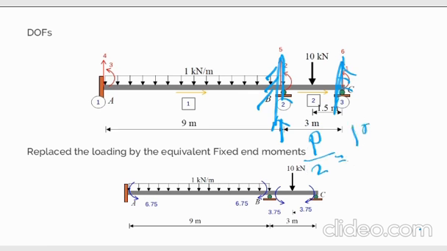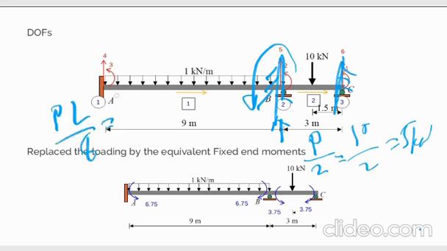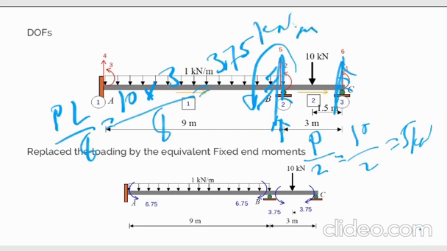Here we have 10 over 2, equal 5 kilonewton. And for the moment, PL over 8, 10 times L, 3, over 8, the constant number 8, equals 3.75 kilonewton meter.